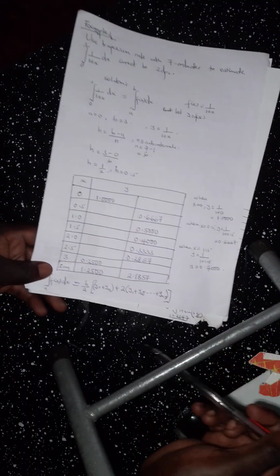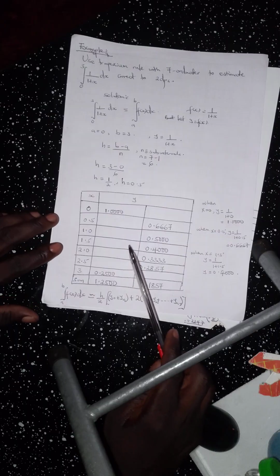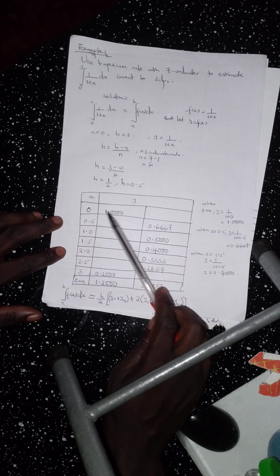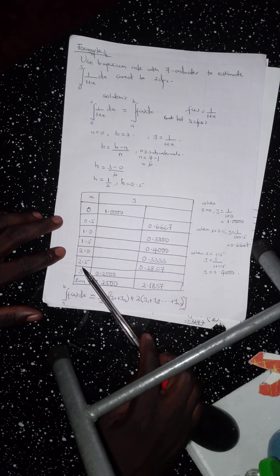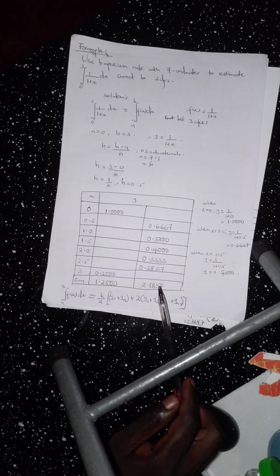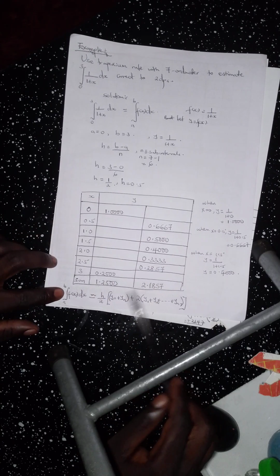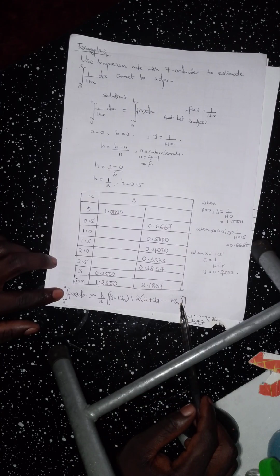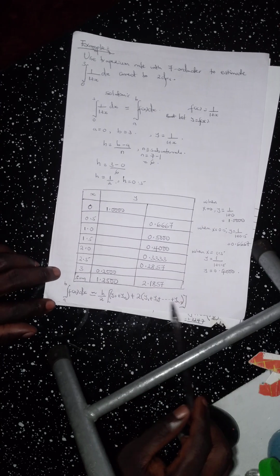So having obtained the values of y for all these x values, this and that, we now substitute them in our final rule of the trapezium.